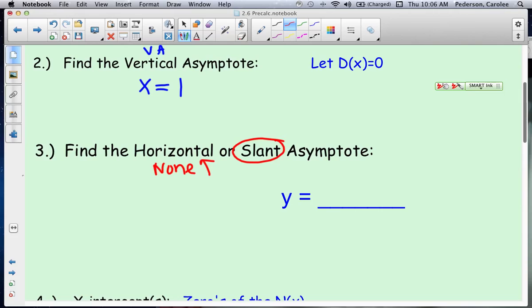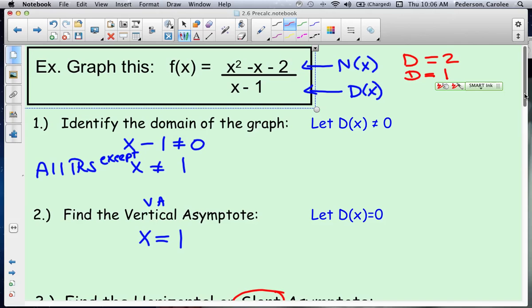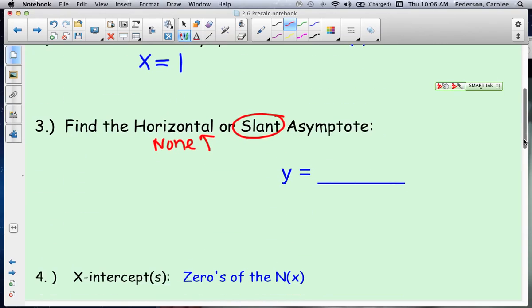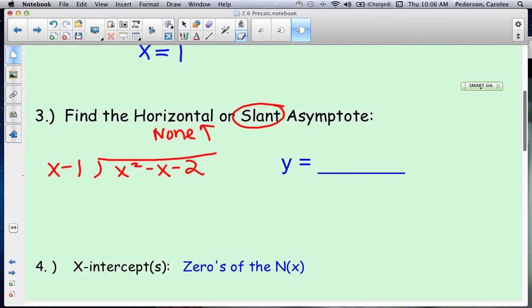So we're going to use long division, and we're going to divide the denominator into the numerator. So we're going to divide x minus 1 into x squared minus x minus 2. All right, so let's go ahead and divide.